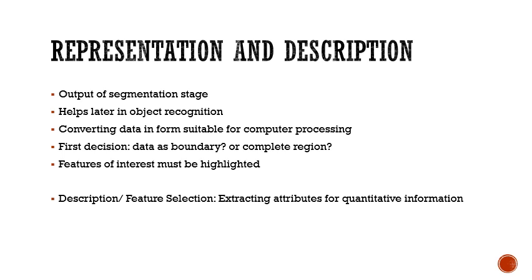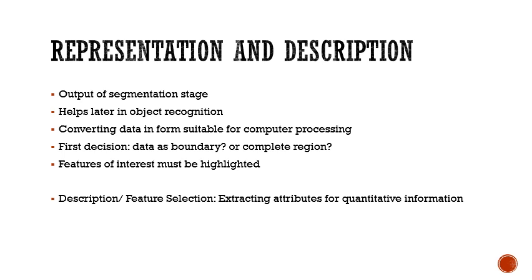In some applications, both representations, the boundary and the complete region, complement each other and both are necessary. However, choosing a representation is only part of the solution for transforming our raw data into a form suitable for subsequent computer processing.